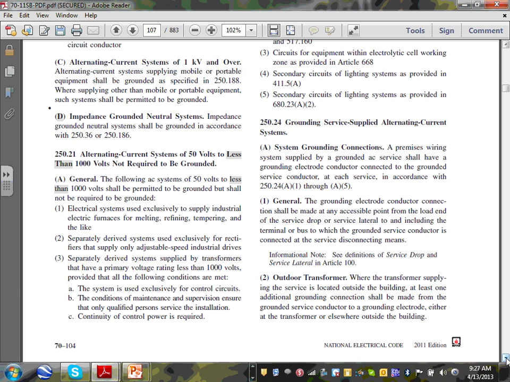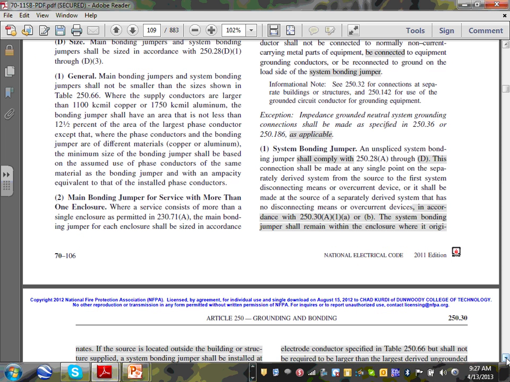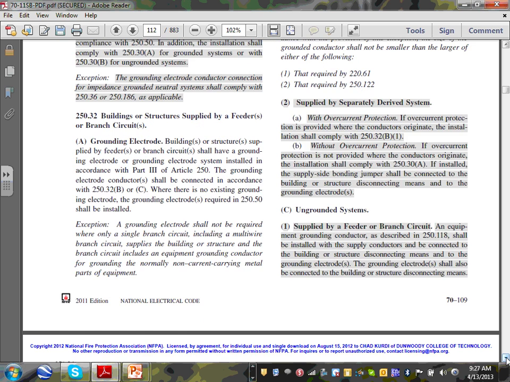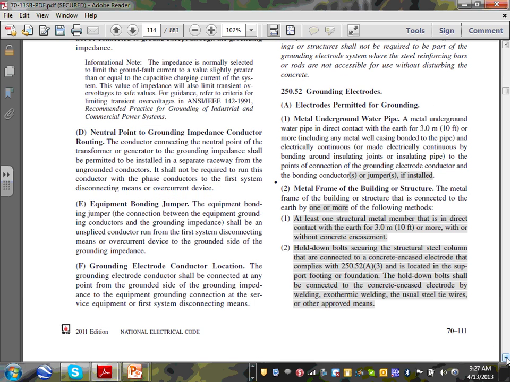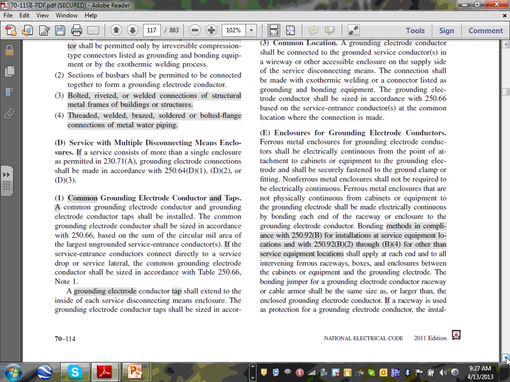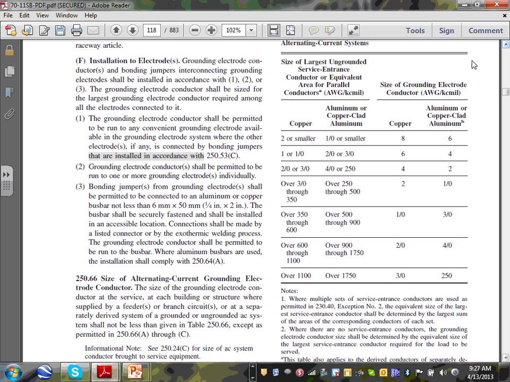I'm going to highlight one little thing here. 250.122. Okay, so here's the table that we were just looking at. I'm sure you guys have used it before. When we said 600, and we came up with 1/0. So you use this table.